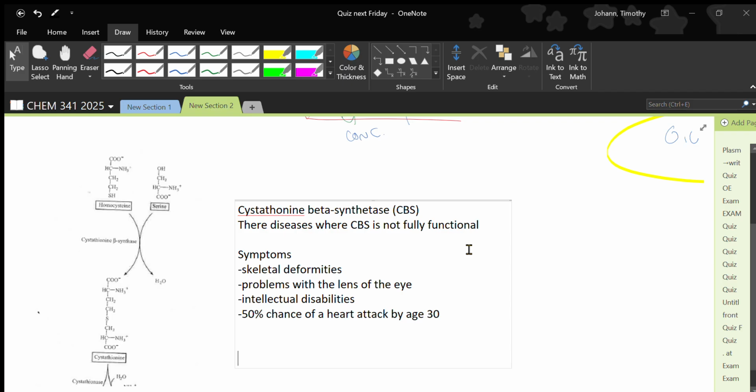So they've done studies on that, and what they found is we get another 50% here: 50% of CBS diseases result from the enzyme not binding vitamin B6 correctly or tightly.